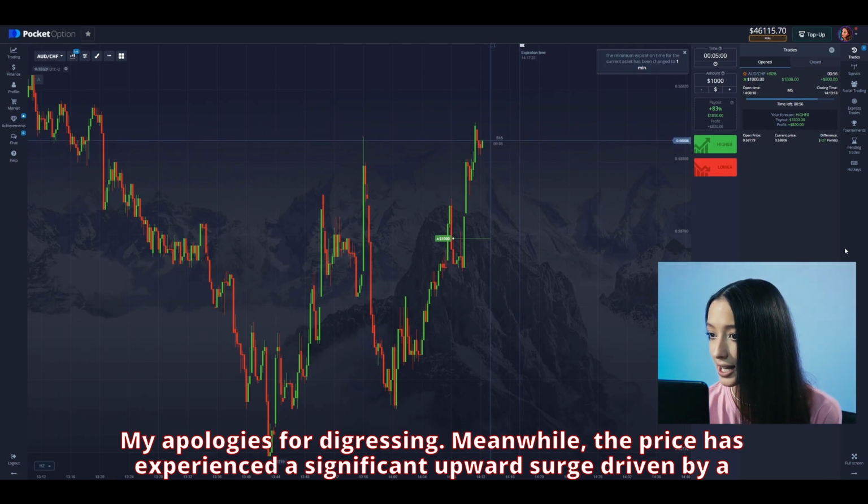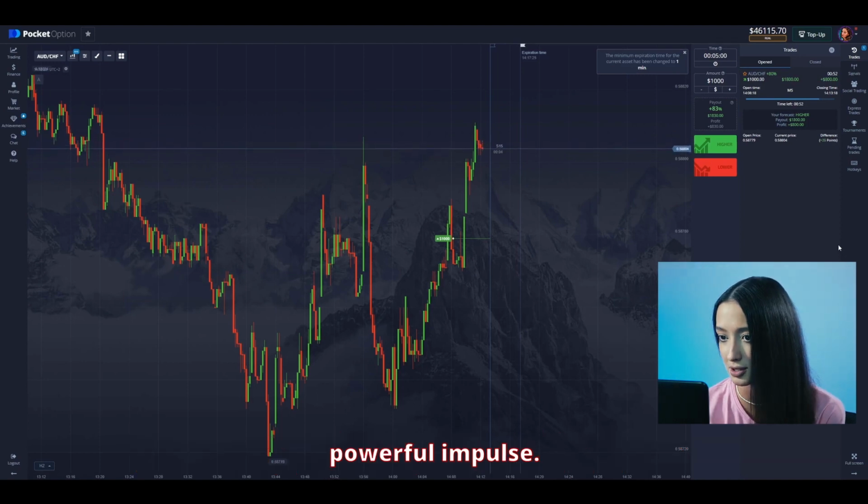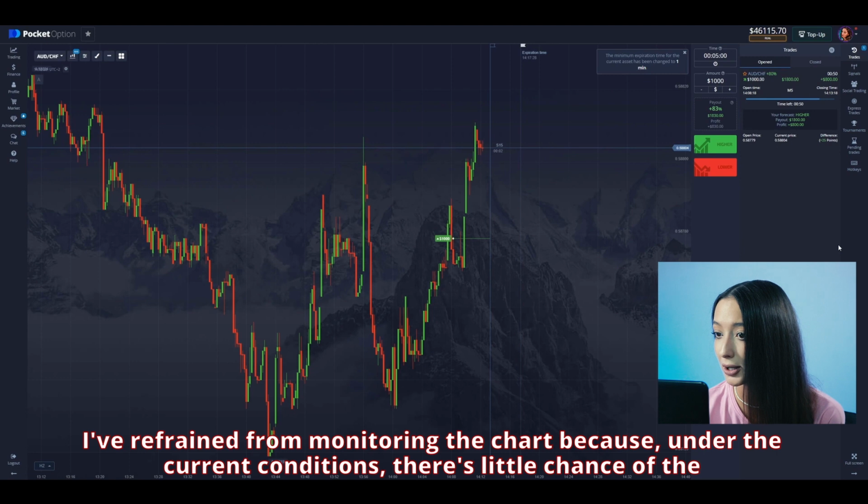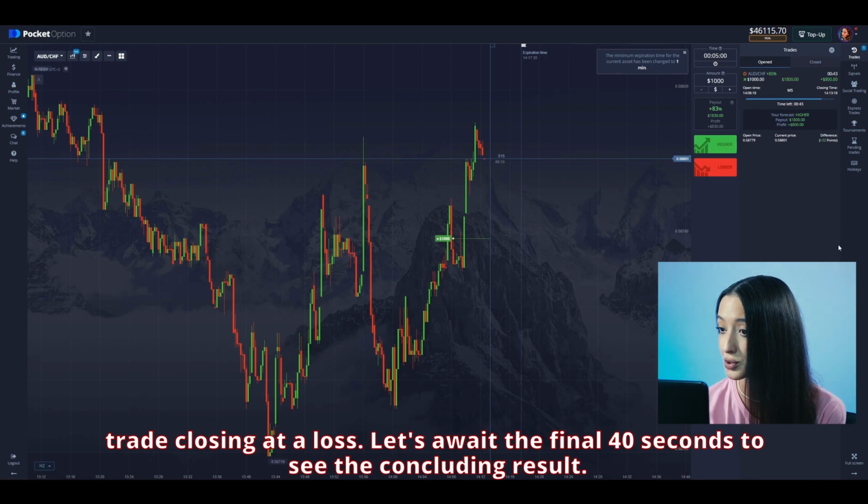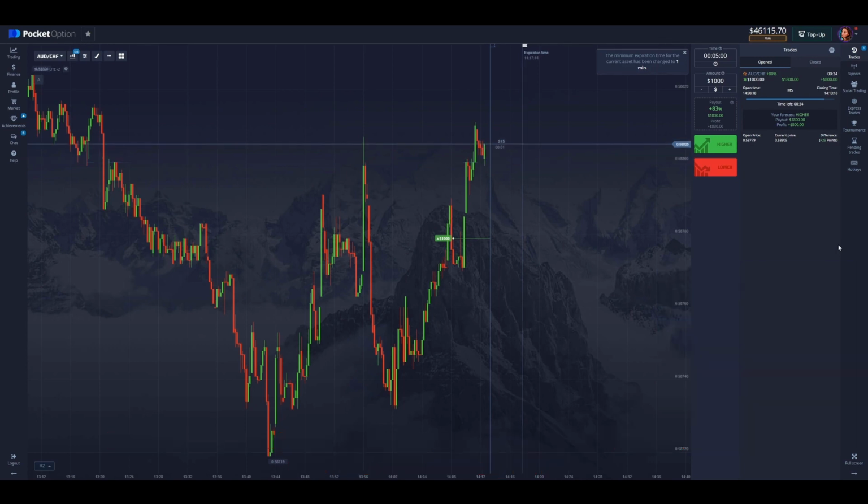Meanwhile, the price has experienced a significant upward surge driven by a powerful impulse. I refrained from monitoring the chart because under the current conditions there is little chance of the trade closing at a loss. Let's wait for the final 40 seconds to see the result.